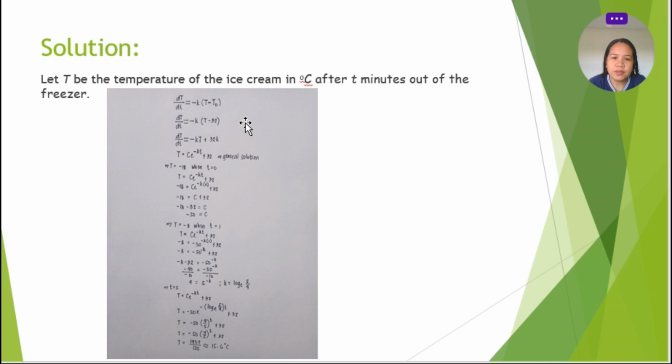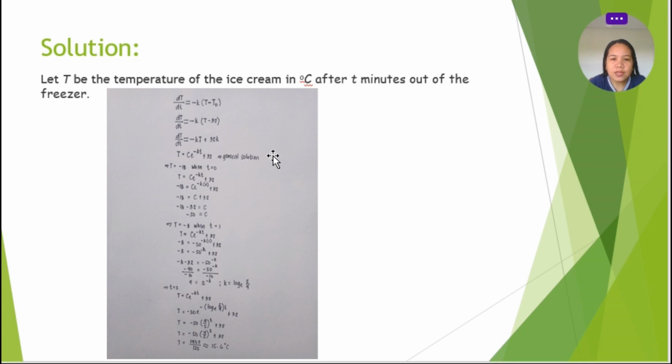So this gives dT over dt equals negative kT plus 32k. Knowing that k is a constant and solving this differential equation gives a general solution of T equals Ce to the negative kt plus 32.